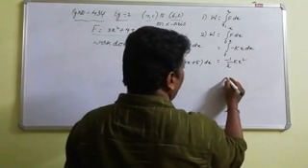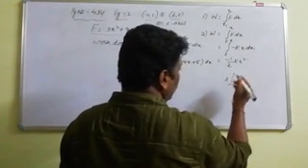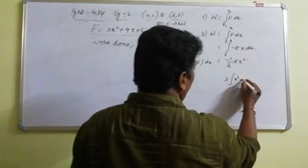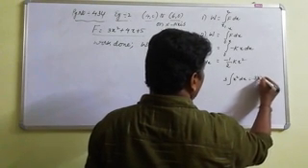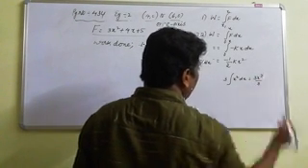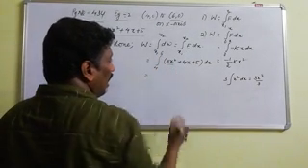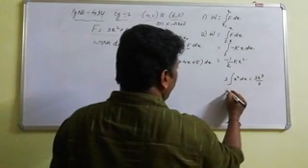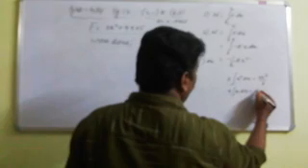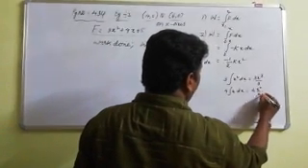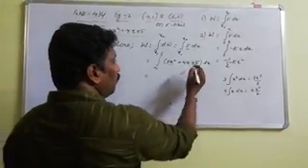Whenever we integrate them individually, as I already told you, this is 3x square, so 3 you can take as a constant. Then the integral of x square dx is equal to what? That is x cube by 3, so 3x cube by 3. Like that, 4 times the integral of x dx gives you 4x square by 2. Next it is a 5.